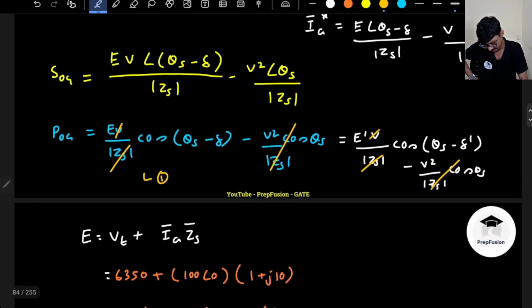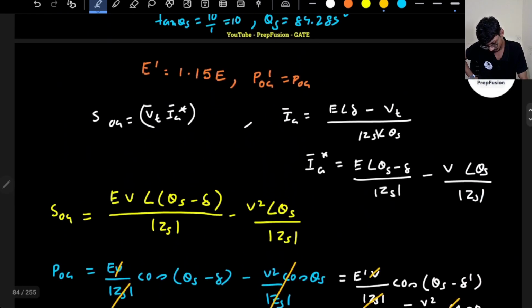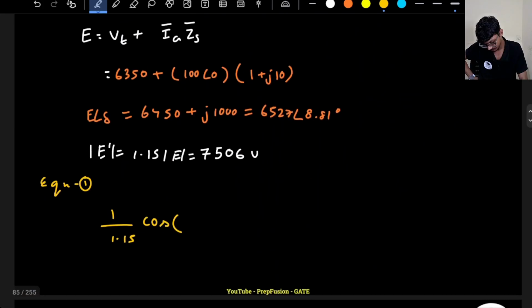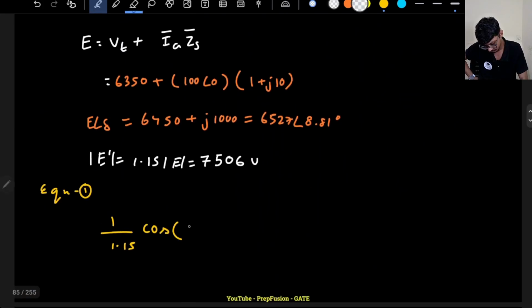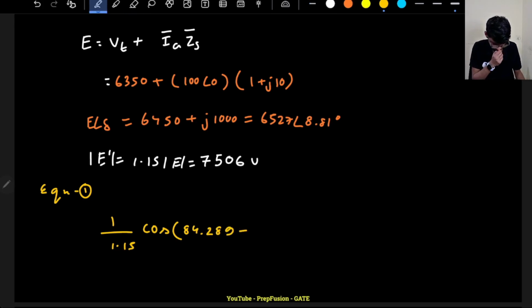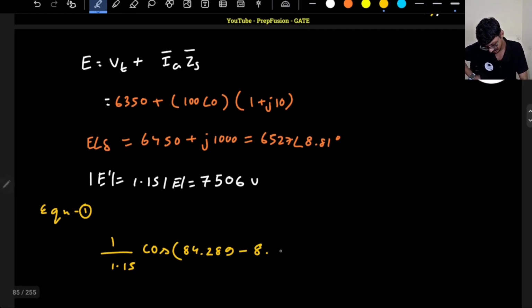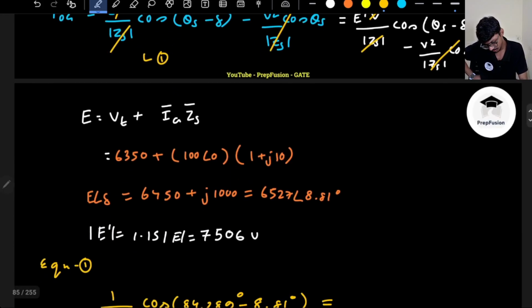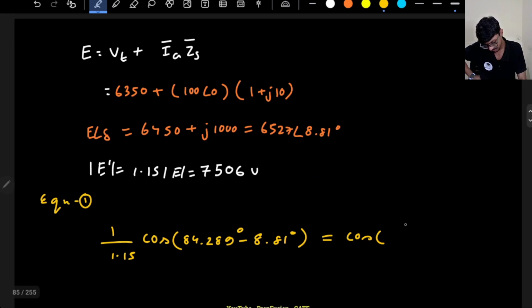Theta s is basically 84.289 minus the delta. Delta I had just calculated, 8.81 degrees. So this will be cos of theta s. Okay, no, I cannot simply cancel the cos, that I cannot do. Cos of theta s is again 84.289, but minus delta dash.